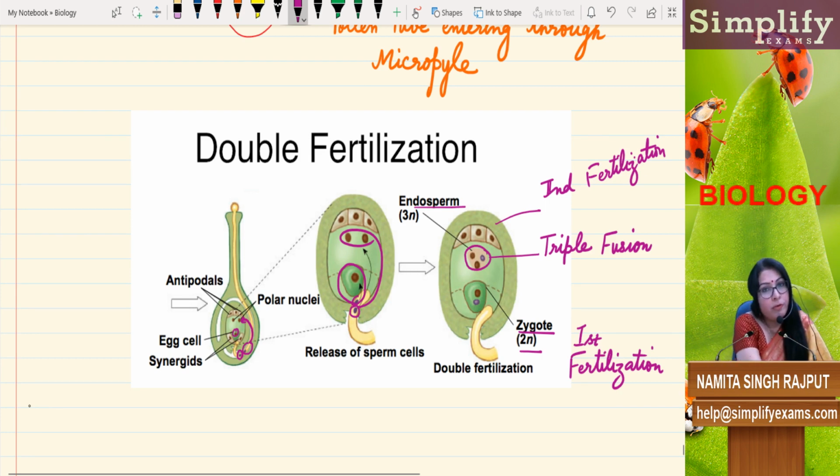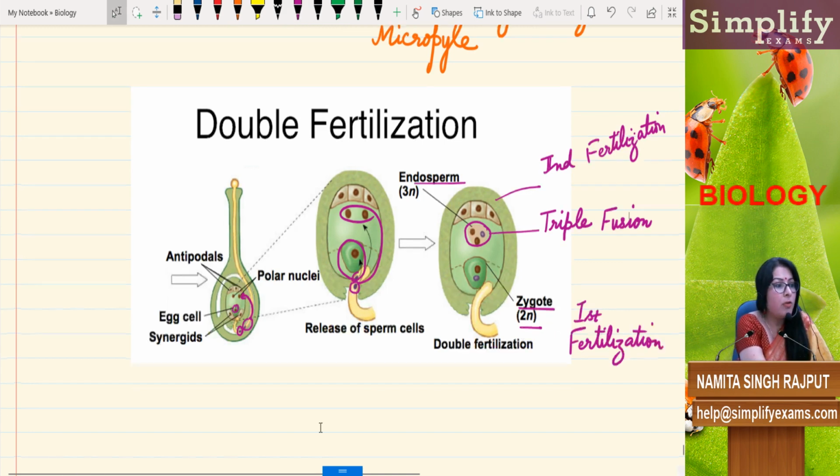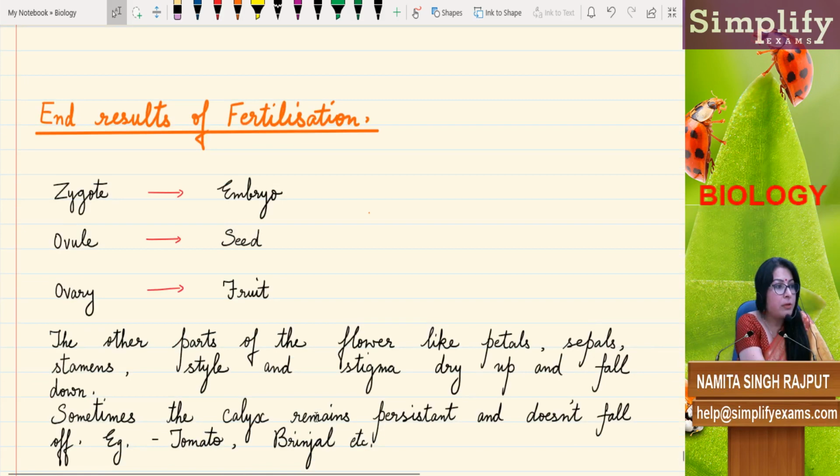Now this is the process of fertilization. What happens to the various parts of the flower as a result of fertilization? We'll just see the end results. The zygote develops into the embryo. The ovule develops into the seed, and the ovary, the surrounding container in which everything is taking place, develops into the fruit.